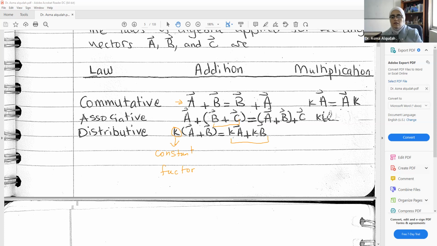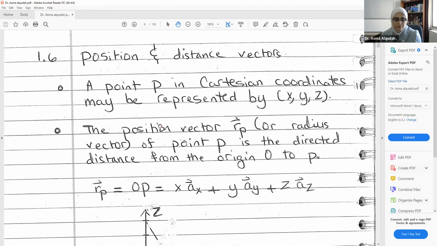So these are the three rules of vector algebra. In the case of multiplication, if we have a constant factor K multiplied by a vector, K times A is equal to A times K. These are common sense laws that apply to vector algebra.